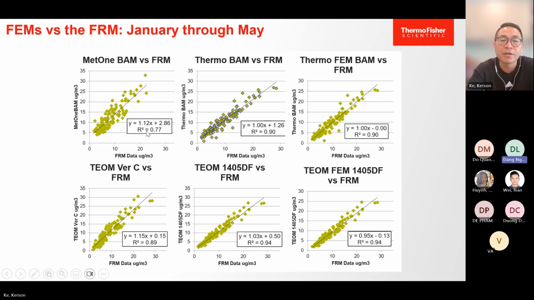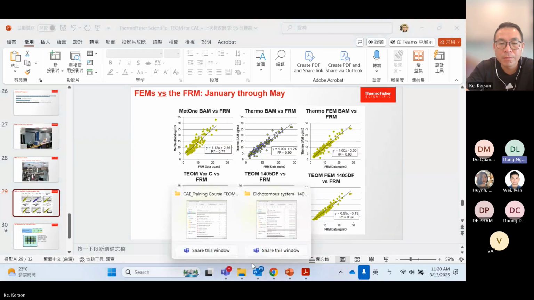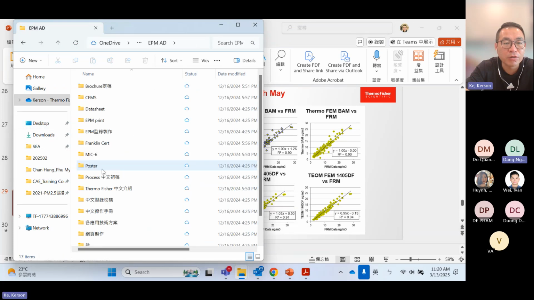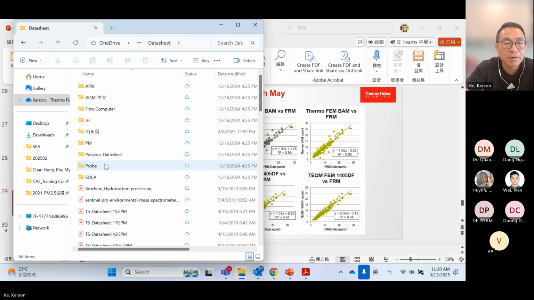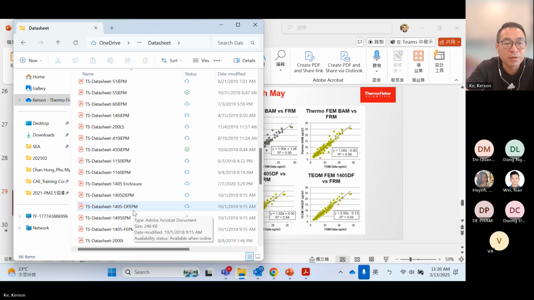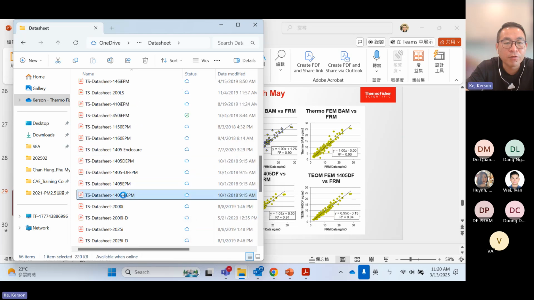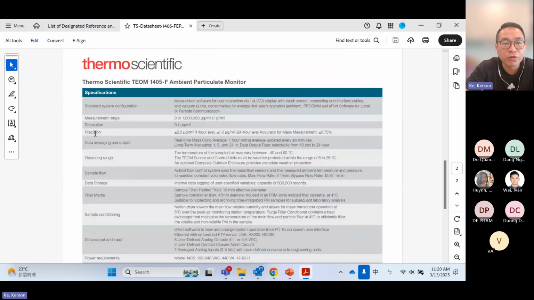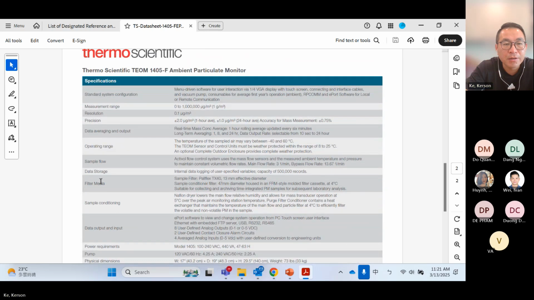Because I saw on the Thermo Fisher website, the accuracy of TEOM is 0.75%. You mean TEOM, right? Yes, I can check it right now. TEOM 1405 F accuracy.